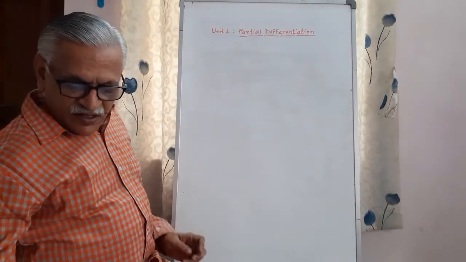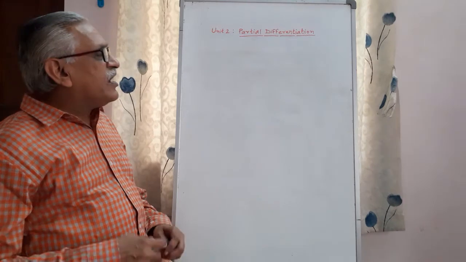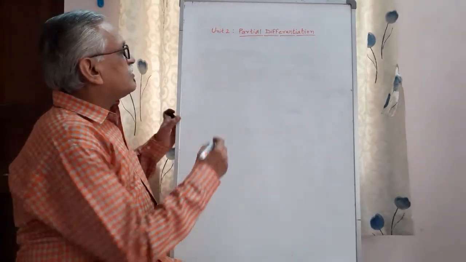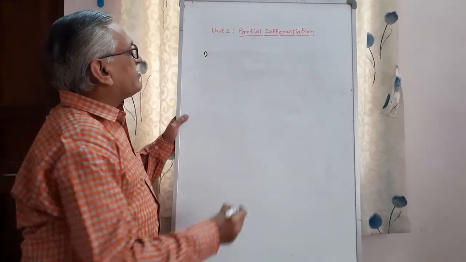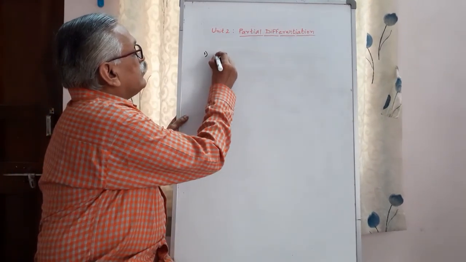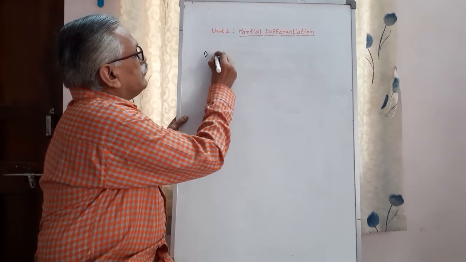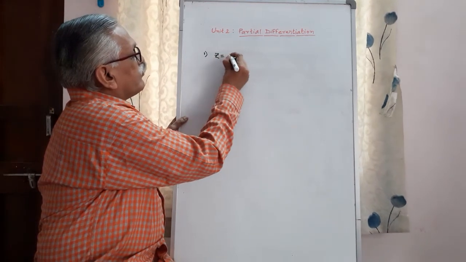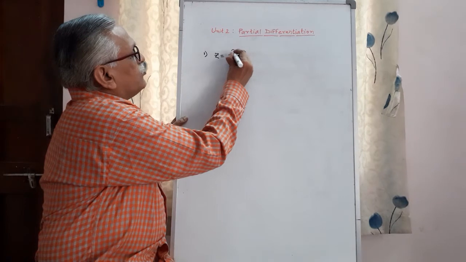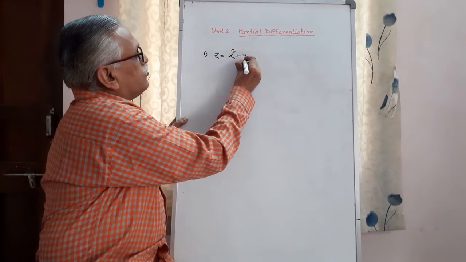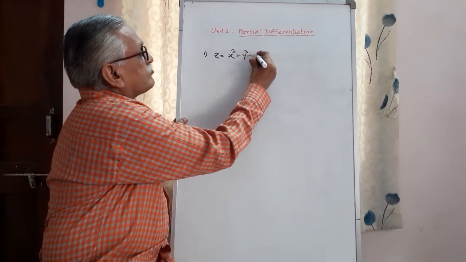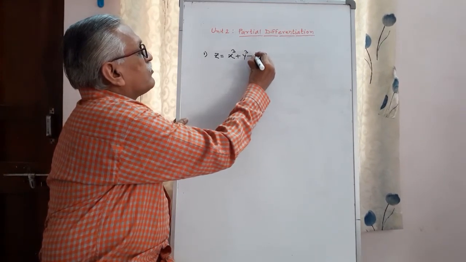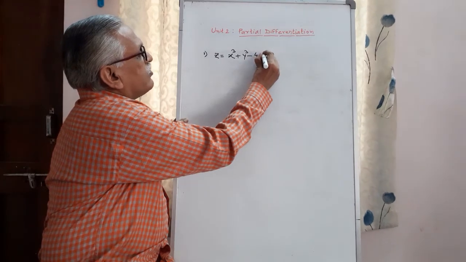Before going to explain these three different cases, I will explain how we can obtain the partial derivatives by this simple example. Let z equal x cube plus y cube minus 4xy.